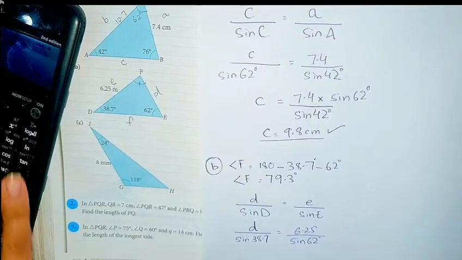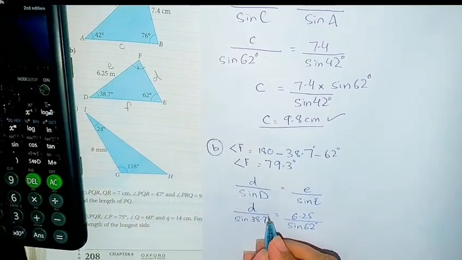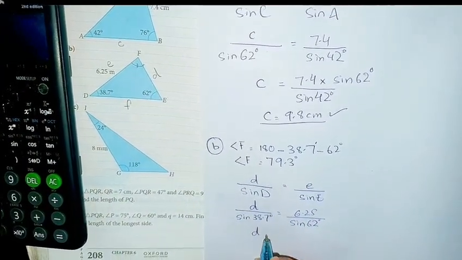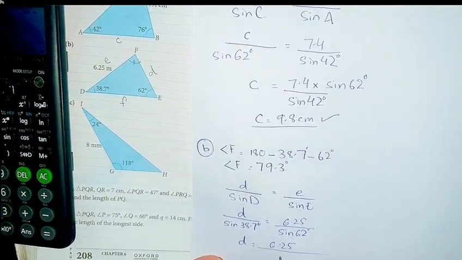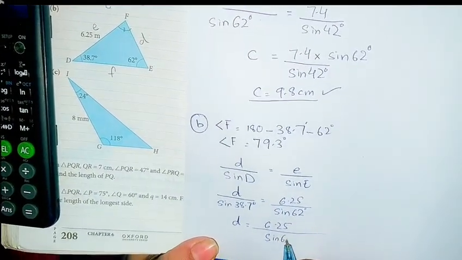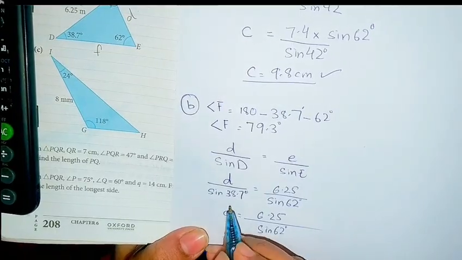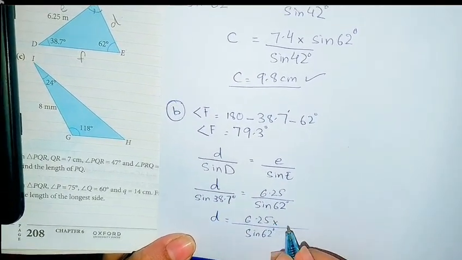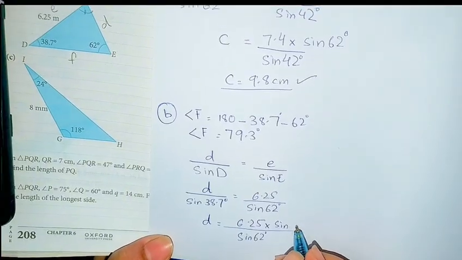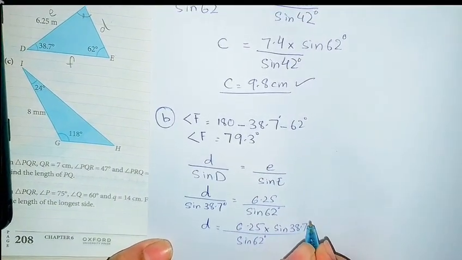So how can we do this? First of all, make D the subject: 6.25 as it is upon sine 62 degrees as it is, and then this is dividing over here. If we shift it to the other side of the equation, it will be multiplying, so sine 38.7 degrees.